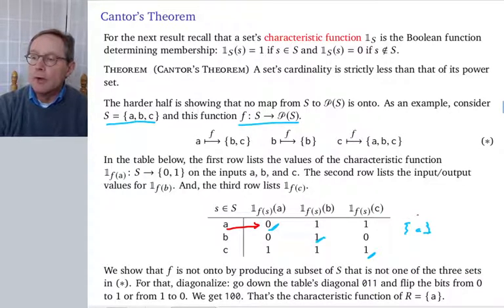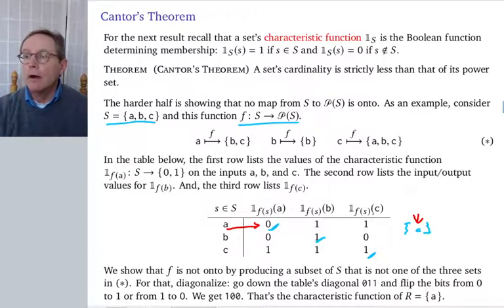No? Okay, then throw it in here. Is b in f of b? Yes. Don't throw it in here. Is c in f of c? Yes. Don't throw it in here. So whatever happened, we did the opposite. A not in, throw it in. B in, don't throw it in. C in, don't throw it in. Whatever happened, we did the opposite.